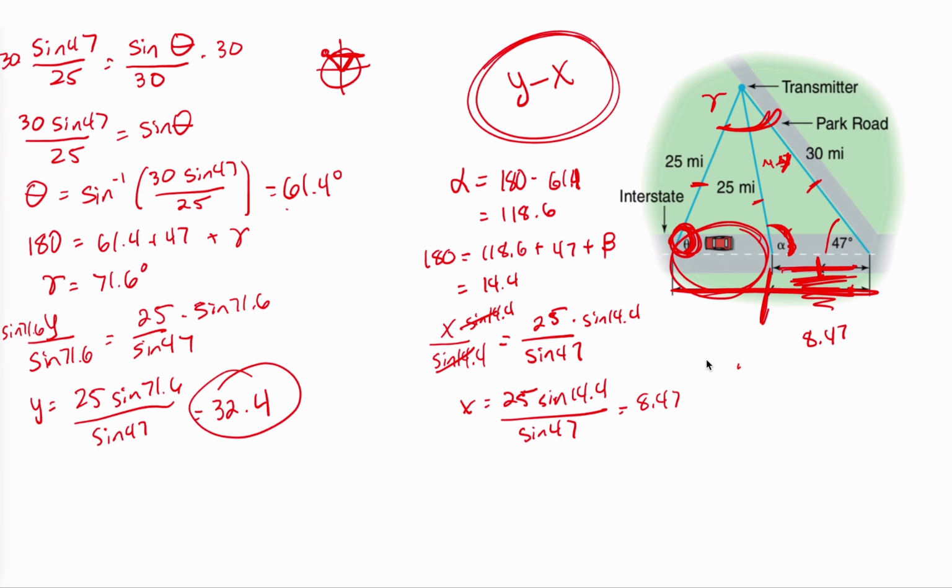So we found y, we found x. What the question's actually asking for is y minus x. So 32.4 minus 8.5 is 23.9.